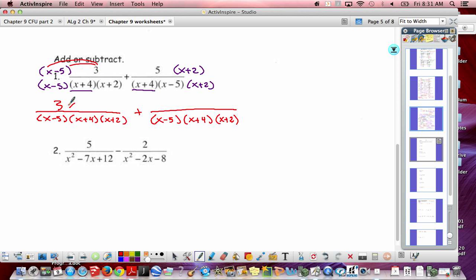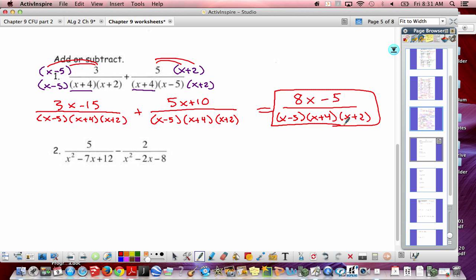So I get 3x minus 15. And here, when I distribute, I get 5x plus 10. So, combine like terms. 3x plus 5x, 8x. Negative 15 plus 10 is minus 5, all over x minus 5, x plus 4, x plus 2. And we're done with that one.